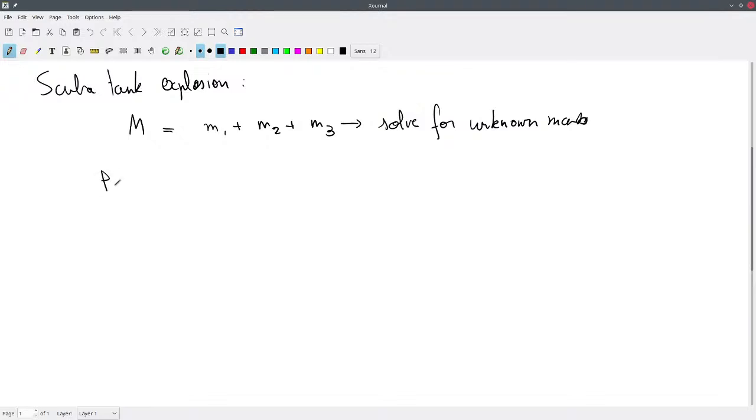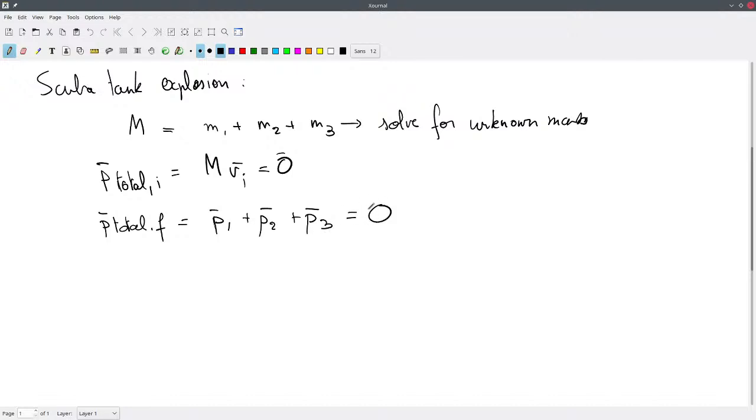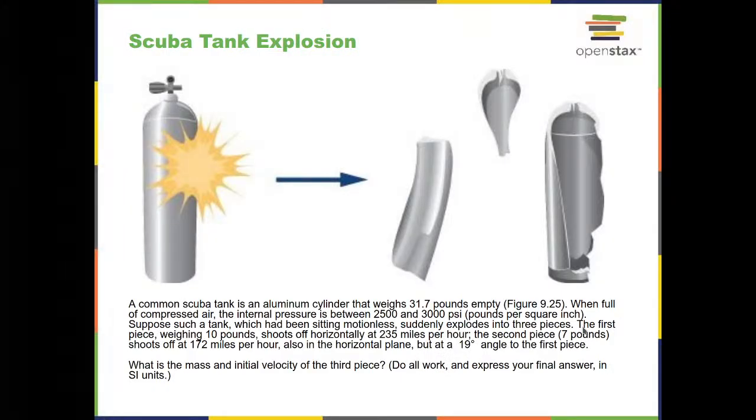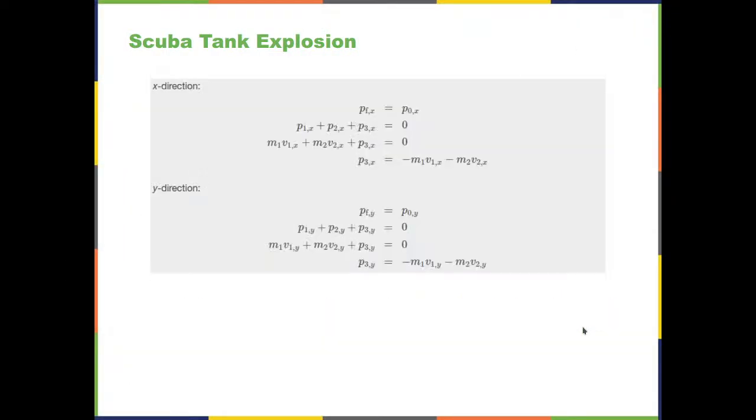So P total initial is equal to m times v initial, and that's equal to 0. That means that P total final, which is P1 plus P2 plus P3, will have to be 0 as well. So now we can write this down into the different components, and rather than writing this down on the whiteboard here, I just made sure to copy the formulas.